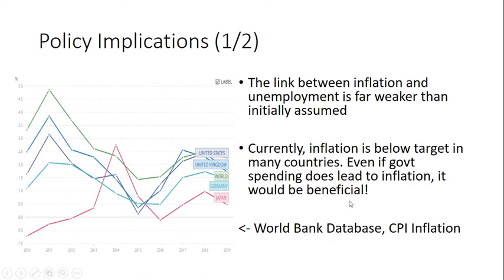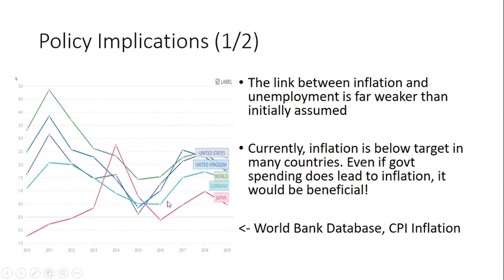However, even if we were to accept that there is such a Phillips curve, we are currently living in a time of really low inflation and disinflation, falling inflation rates, where in fact central banks are much more concerned about the threat of deflation than excess inflation.